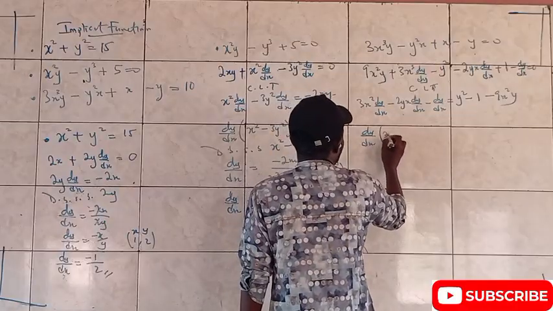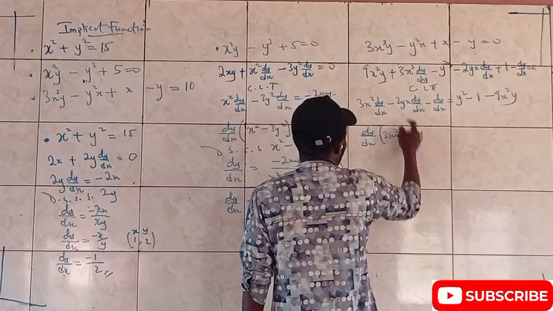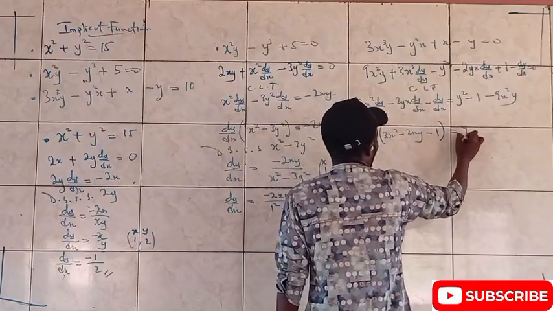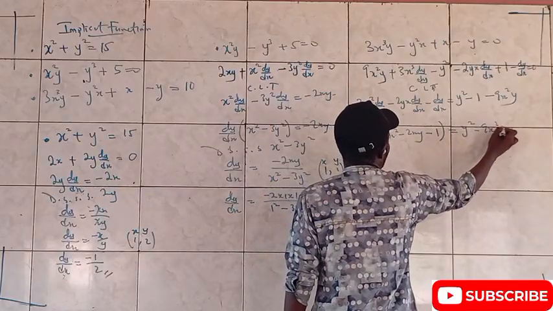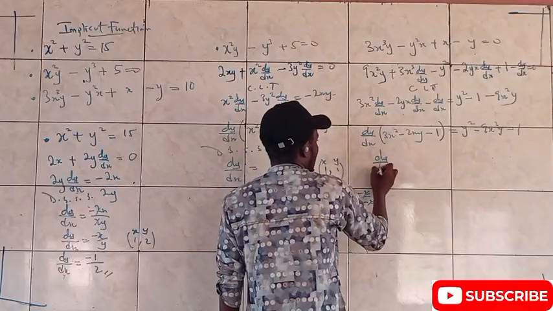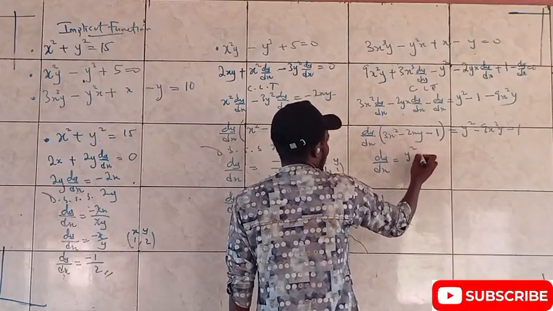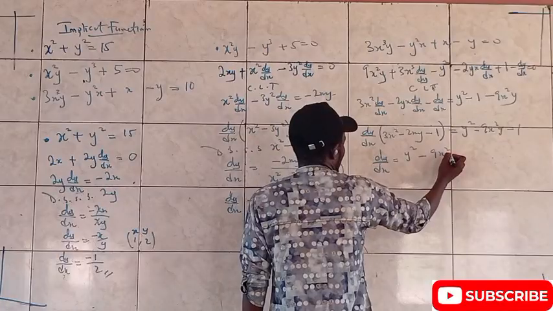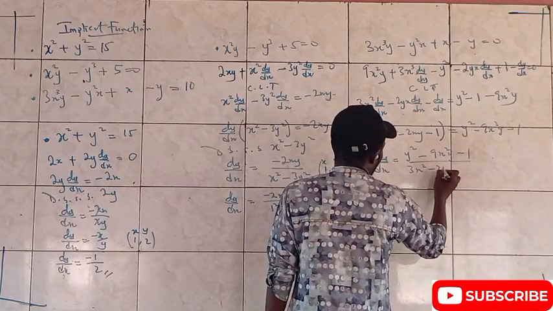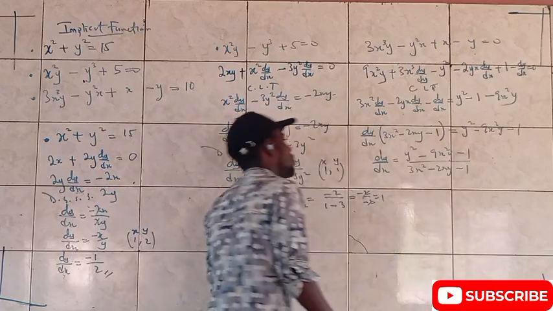Bring it out, what are we left with? 3x squared minus 2xy minus 1 equals y squared minus 9x squared y minus 1. So divide both sides by this, and we have dy/dx equals y squared minus 9x squared y minus 1, all over 3x squared minus 2xy minus 1. And that will be my answer.